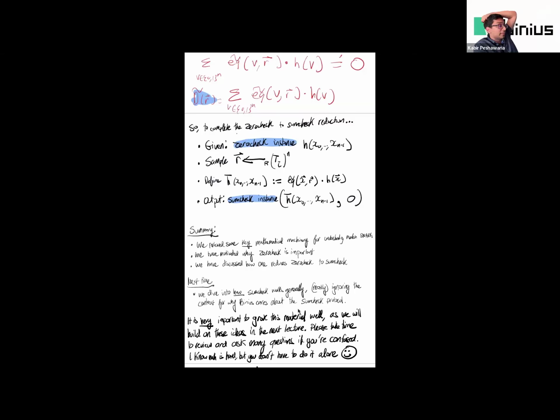This is basically the last thing that I wanted to say, this Zerocheck to sumcheck reduction. The reason we did this reduction is that in the next class we'll be talking about just sumcheck. We're going to start with a sumcheck instance, and talk about how you prove that sumcheck instance and why that protocol is both complete and sound.